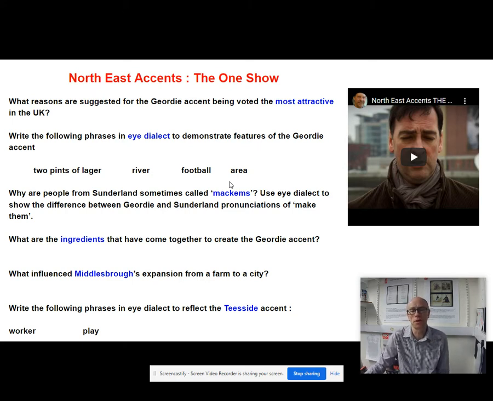Then the attention moves on to the differences between some of these accents and dialects. If you're not from this area, you might assume that everybody in the northeast is a Geordie, but of course people who live in different parts of the northeast would take great offence to that, because 10 miles from Newcastle you've got Sunderland, and Sunderlanders call themselves Mackems, or rather Geordies call them Mackems.